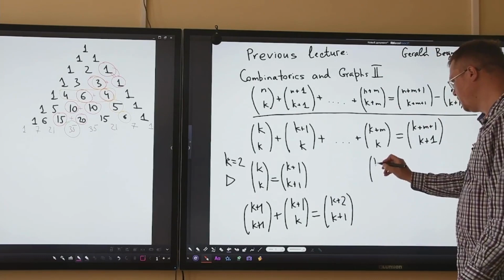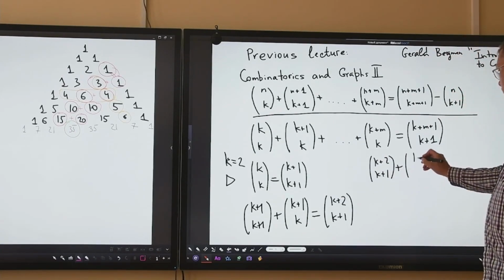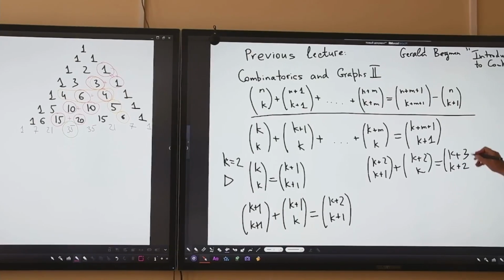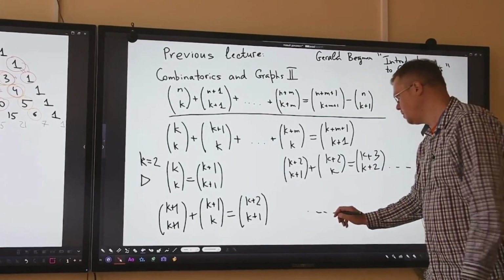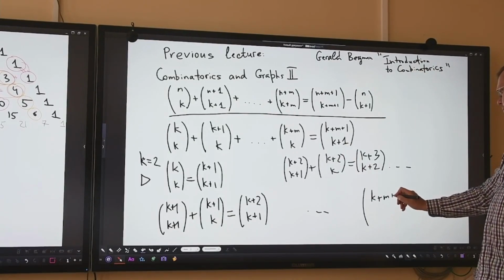If I add this to the k plus 2 choose k, then I will have k plus 3 choose k plus 2, and so on. And then I will have k plus m.